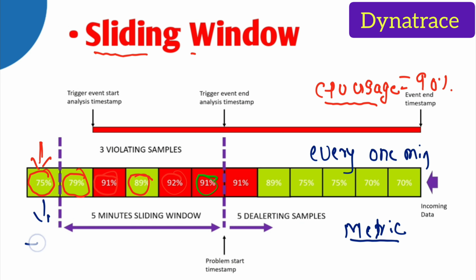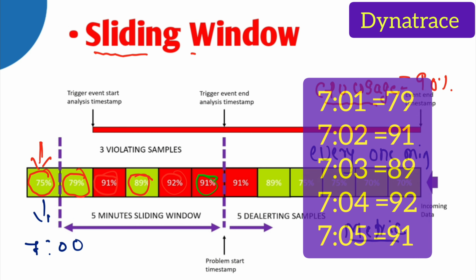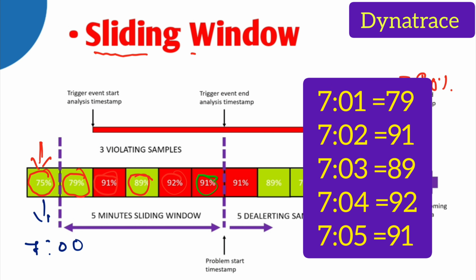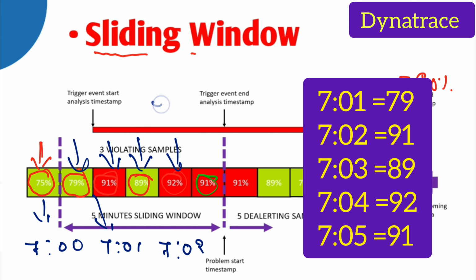Consider this is 7 o'clock, and we have the CPU usage as 75%. Then at 7:01 CPU usage is 79, then at 7:02 91, then 7:03 89, then 7:04 92, and then at 7:05 it is 91%.